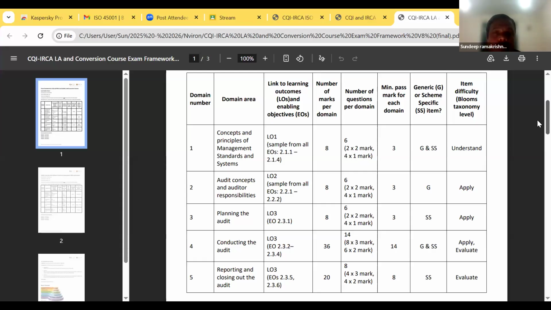You have to take the practice examination in the link you got. The same questions will be repeated in the practice exam link, just for you to understand the pattern and the questions. They have made a practice examination link to understand how the system works, so you can take that.